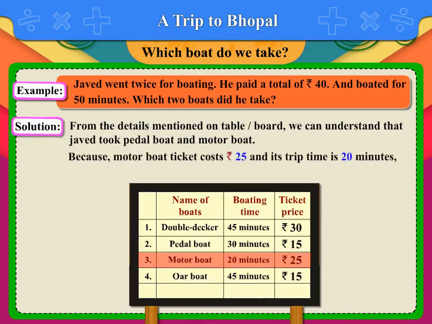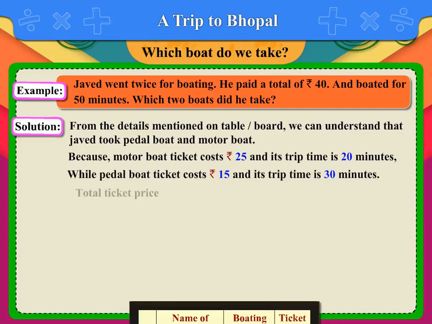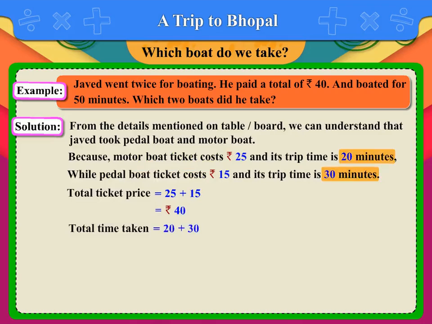This is because motor boat ticket costs rupees 25 and its trip time is 20 minutes, while pedal boat ticket costs rupees 15 and its trip time is 30 minutes. So, total ticket price is equal to 25 plus 15, which is equal to rupees 40, and total time taken is equal to 20 plus 30, which is equal to 50 minutes.